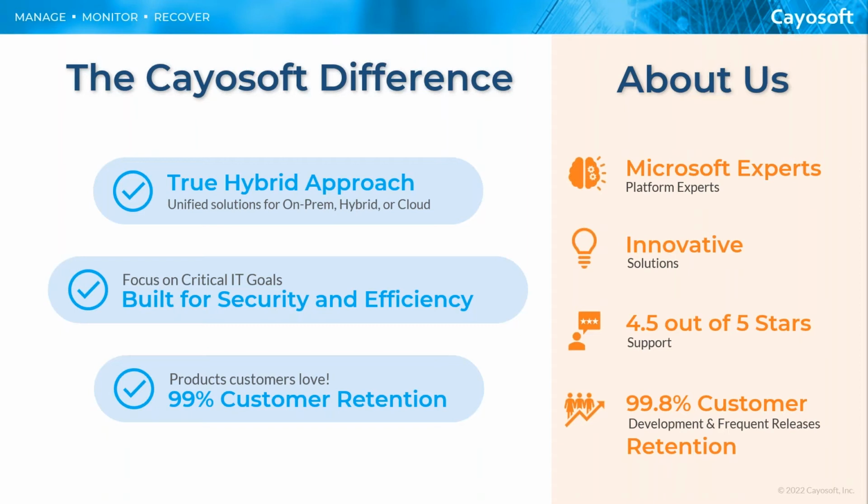We really focus on security and making the implementation of security very, very efficient for IT teams, so that even though you add a lot of additional policies and measures, hopefully we reduce the administrative burden that goes along with that and the 90% additional admin burden that hybrid itself brings along. We have 99% customer retention and 4.5 stars out of 5 for our customer support. So the statistics that we have are almost unmatched in our industry.